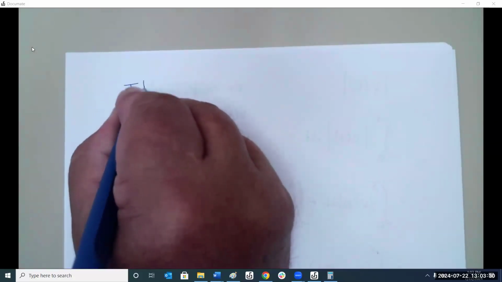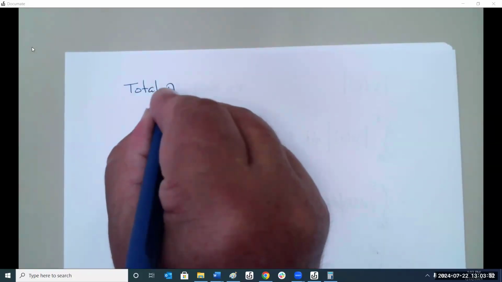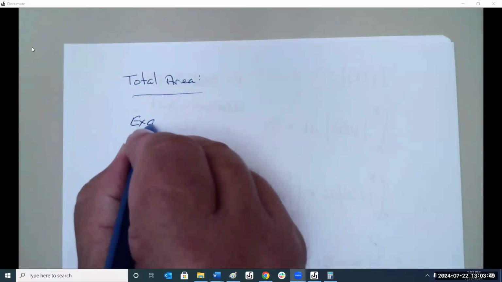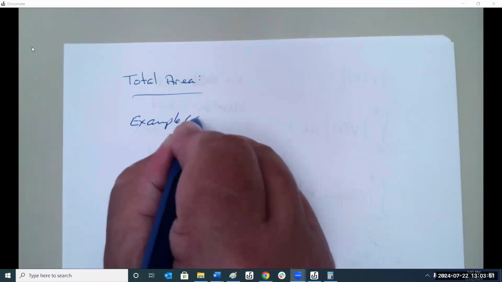What's example 5? Total area now. Is area ever negative? No, so it's always positive. So let's look at example 6.